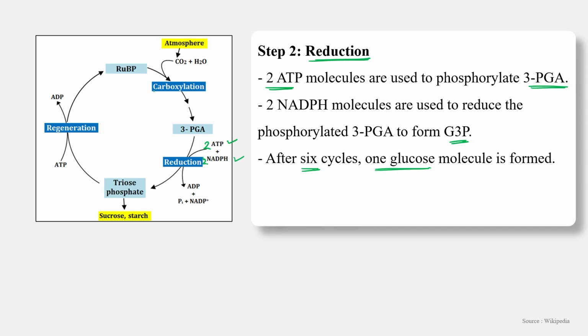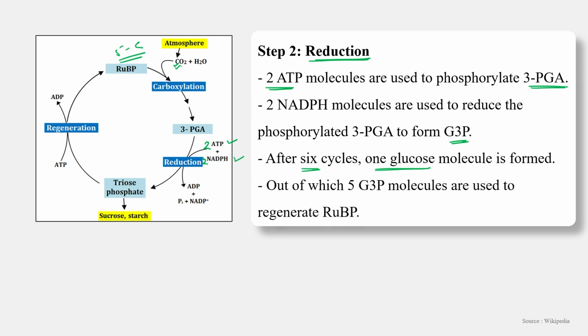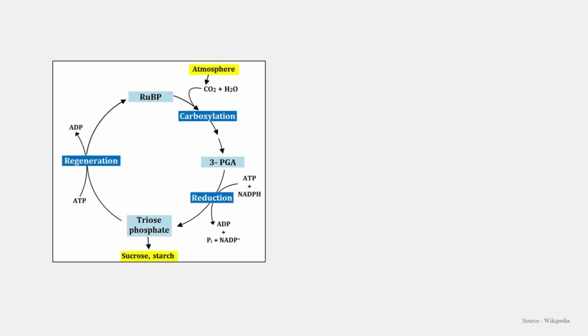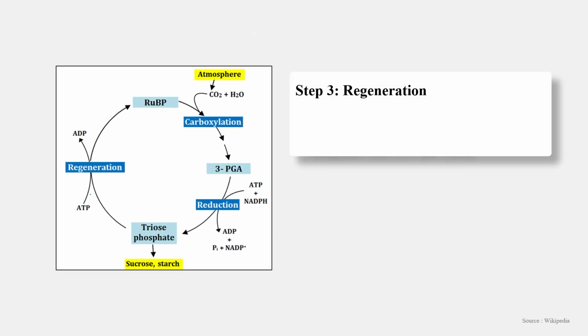As you know, ribulose bisphosphate is a 5-carbon molecule, and this one is the sixth carbon. So after completing 6 cycles, one glucose molecule, which is a 6-carbon sugar, is formed. 5 G3P molecules are used to regenerate ribulose bisphosphate. Clear? Now the third step, which is known as regeneration.